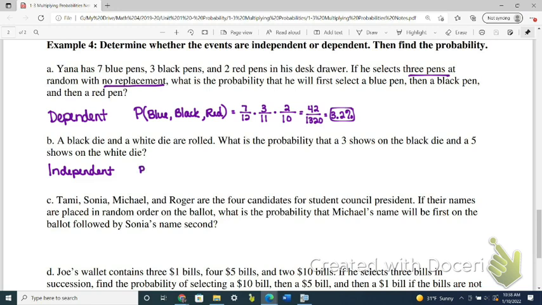So the probability of a black 3 and a white 5, and you can write it out in words or you can shorthand it, doesn't matter. The probability of getting a 3 on the black die is 1 out of 6. A 5 on the white die, that's 1 out of 6. So that's 1 out of 36, which is 2.8%.